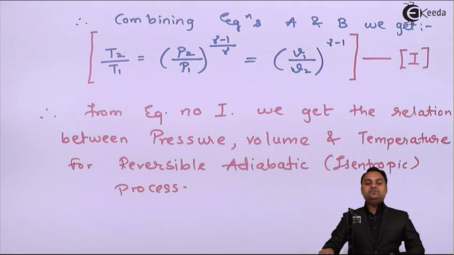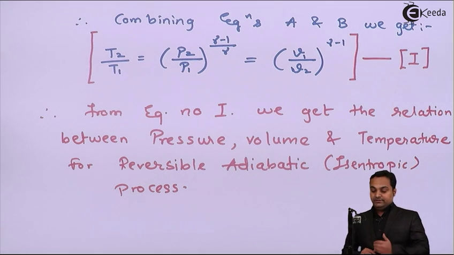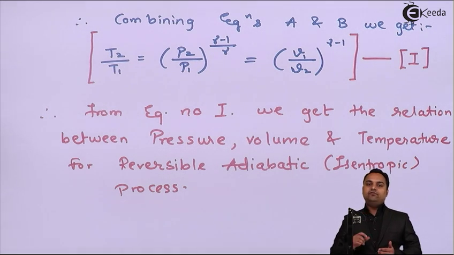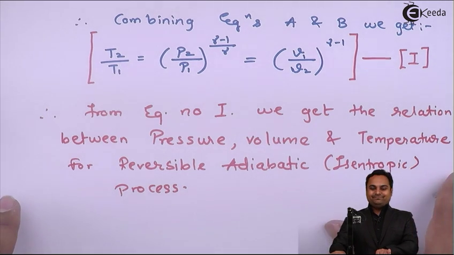So here we have derived the relation between temperature, pressure and volume for adiabatic process. The next step would be to find the equation of work done for reversible adiabatic process.